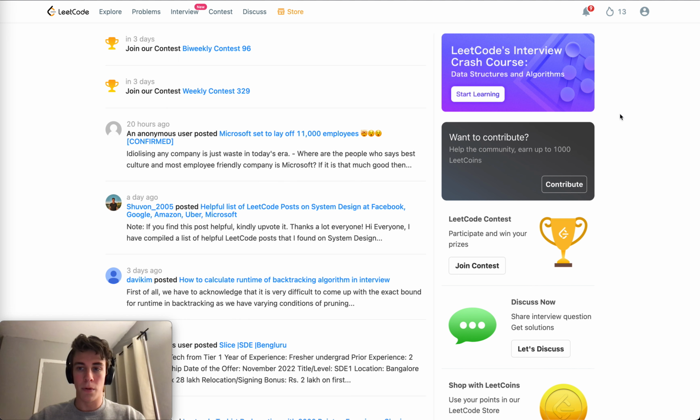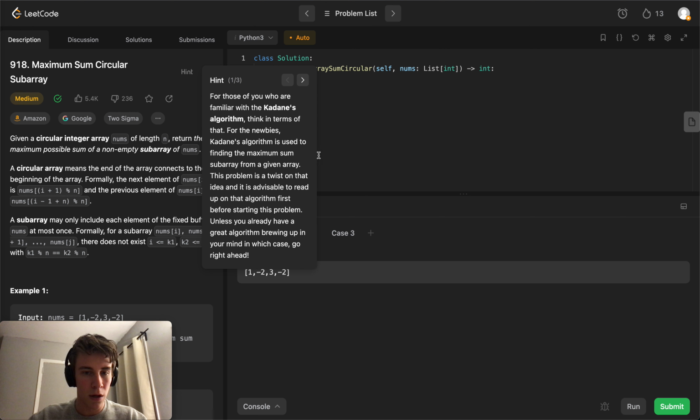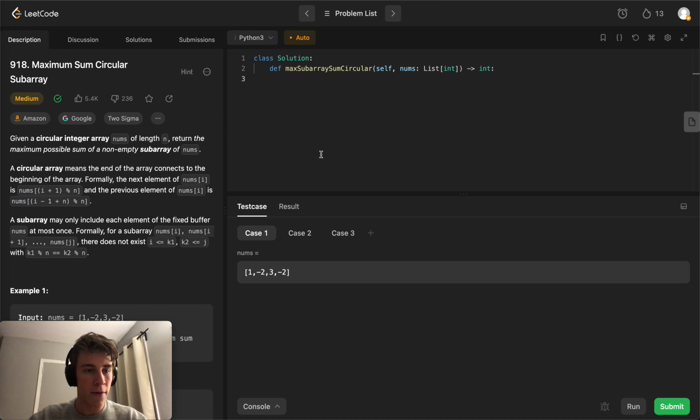Let's begin with our problem. Question number 918, maximum sum circular subarray. Whenever you think subarray, think of the Kadane's algorithm.